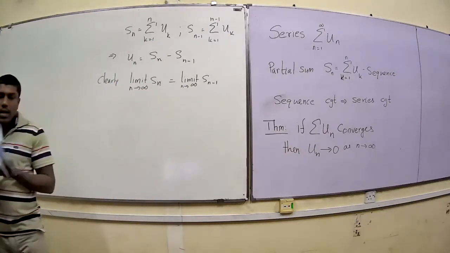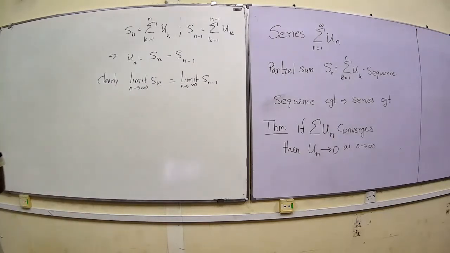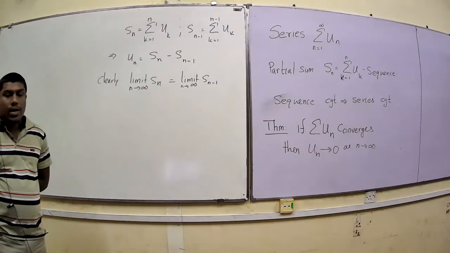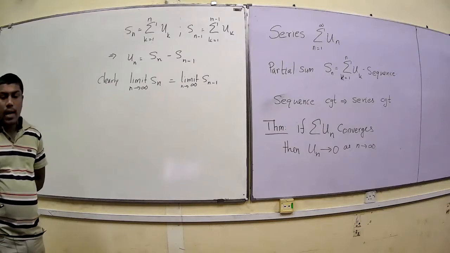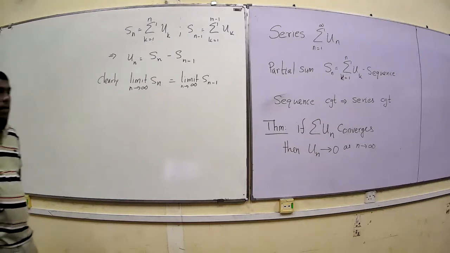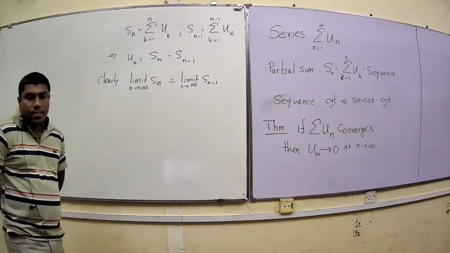this you all know. If Sn is a sequence that converges to a limit L, then S(n-1) will also converge to the same limit. There is not much difference there. That is one of the limit properties we studied at the beginning of the second chapter.